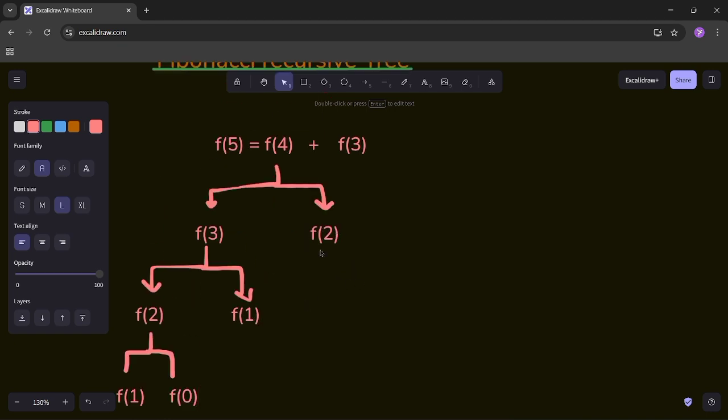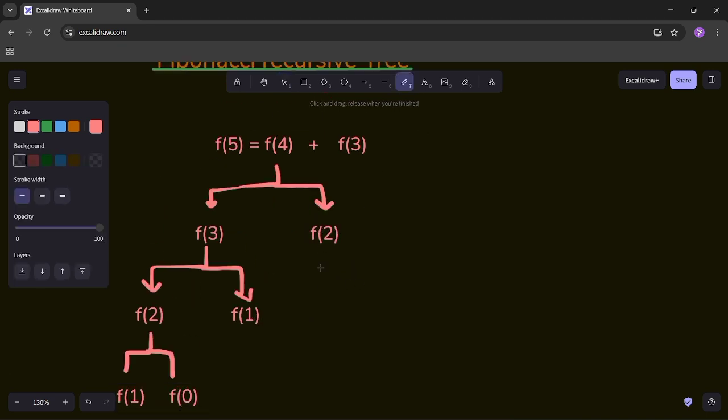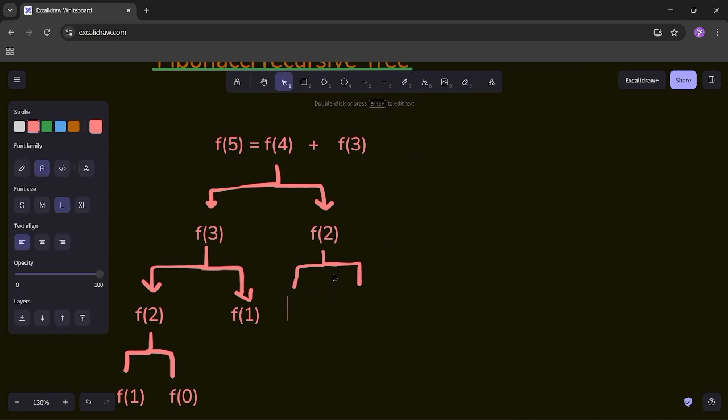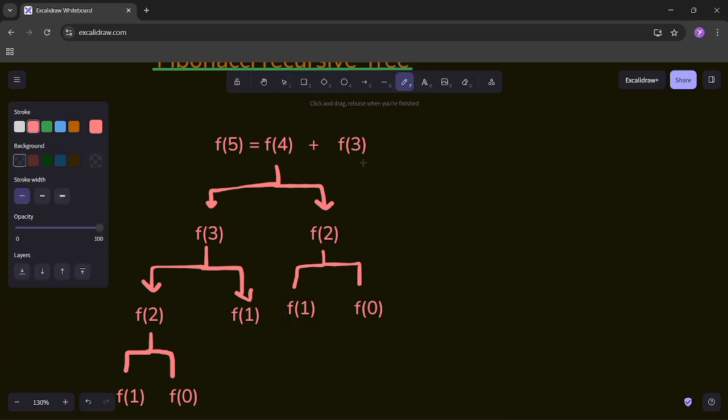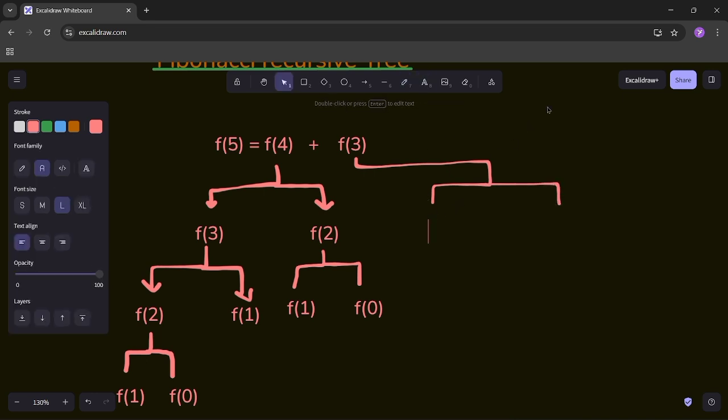And we also need to break down this Fibonacci of 3 as well. Fibonacci of 3 further breaks down into Fibonacci of 2 and Fibonacci of 1, so I'm going to write over here Fibonacci of 2 and Fibonacci of 1.